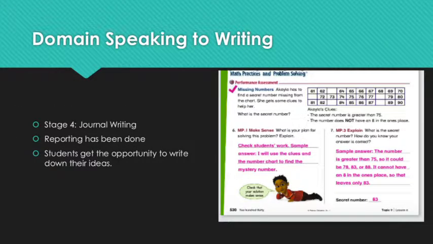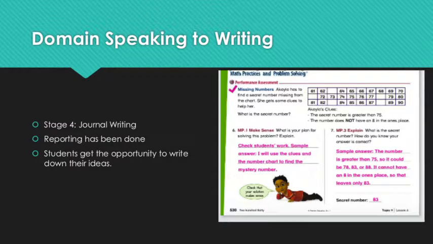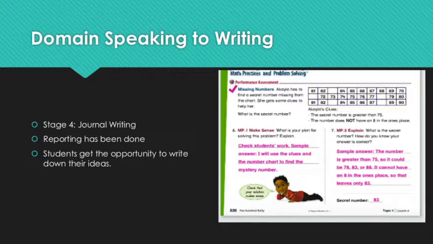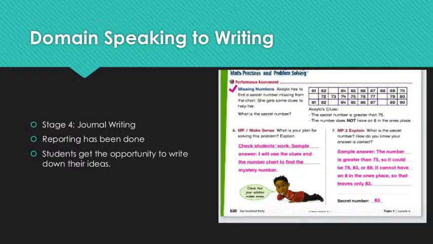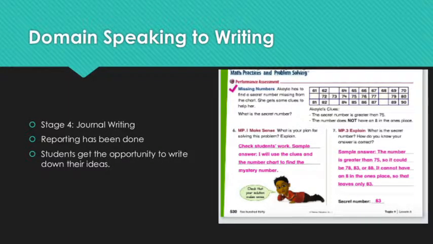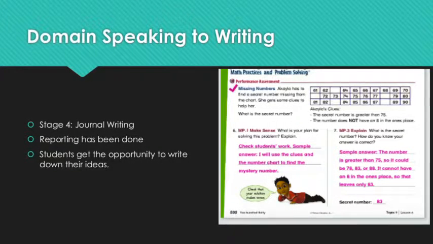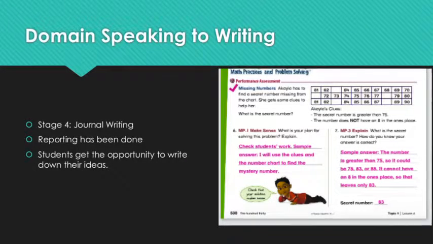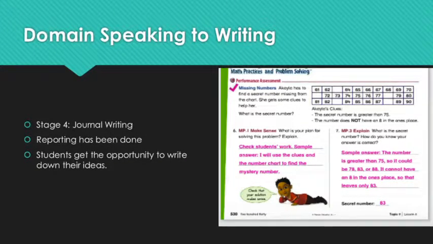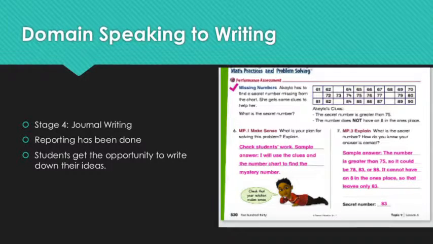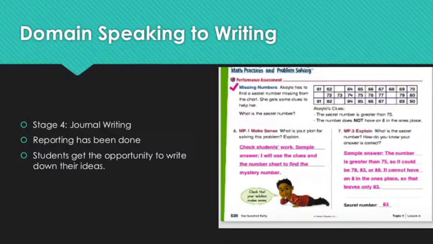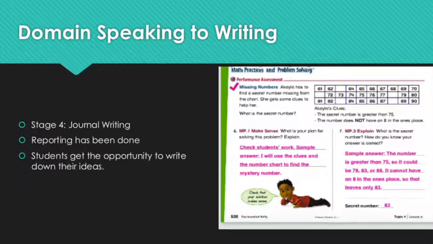Like I said, all these domains link with one another. My last domain for speaking leads into writing as well, and that's stage 4, the journal writing. They don't have a particular journal, but this is their math workbook where kids can write all that gathered information from the previous 3 stages.